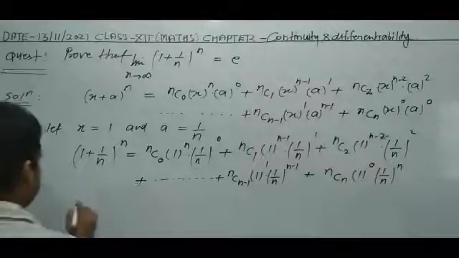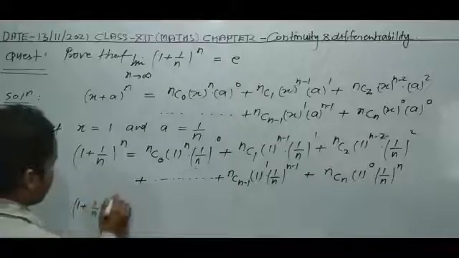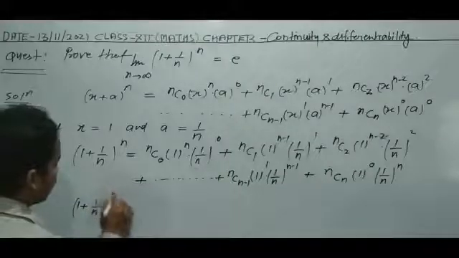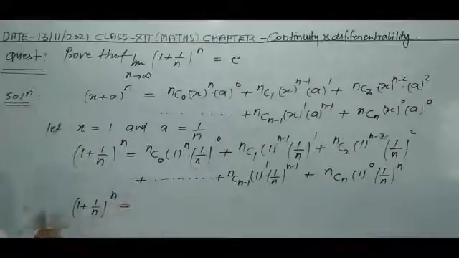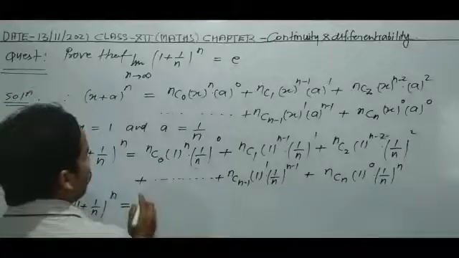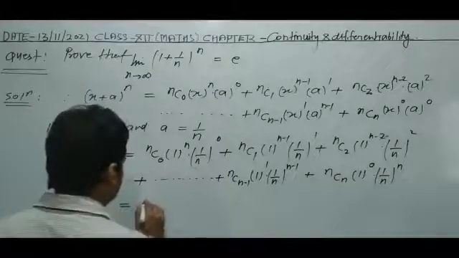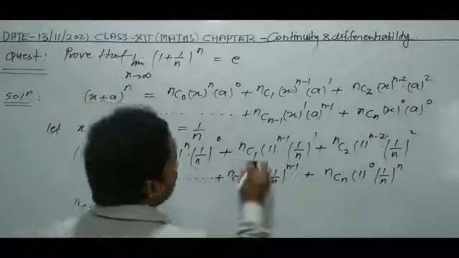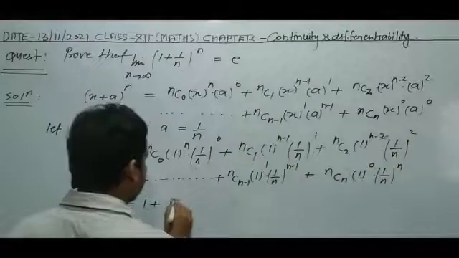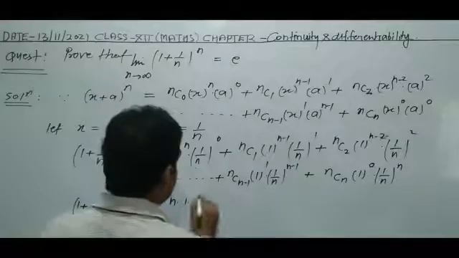So (1 plus 1 by n) power n, we can write: nC0 result is 1. nC1, this is n into 1 upon n.